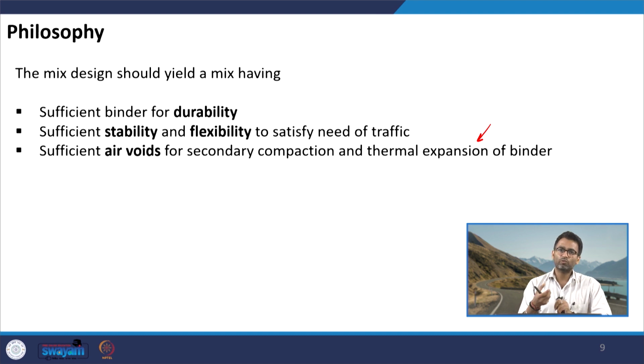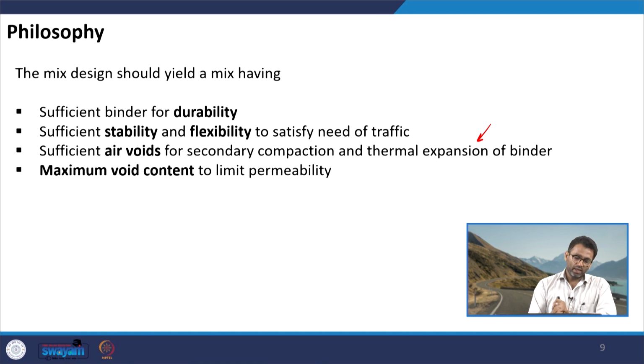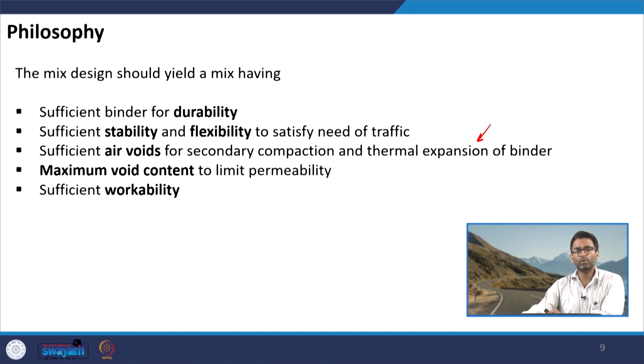So, some amount of further compaction will take place, and we have to allow air voids to accommodate this compaction. And then during summers, because bitumen is a viscoelastic material, the volume of the binder may increase. So, to allow for the thermal expansion of the binder also, there should be a certain level of air void present. But again, as I mentioned, the maximum void content has to be limited to limit the permeability.